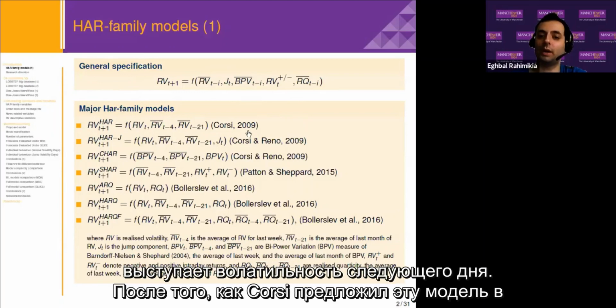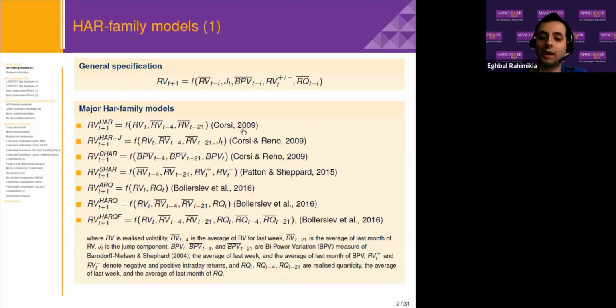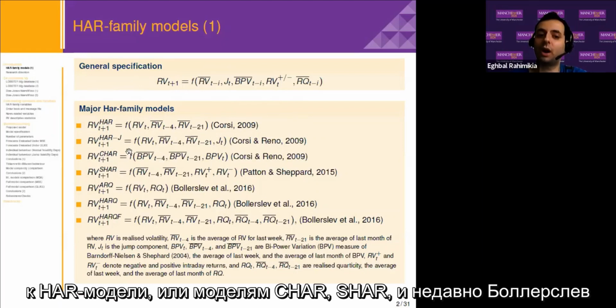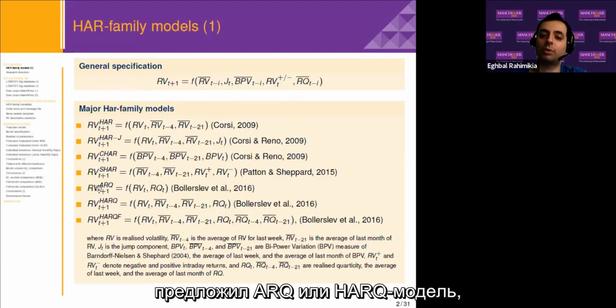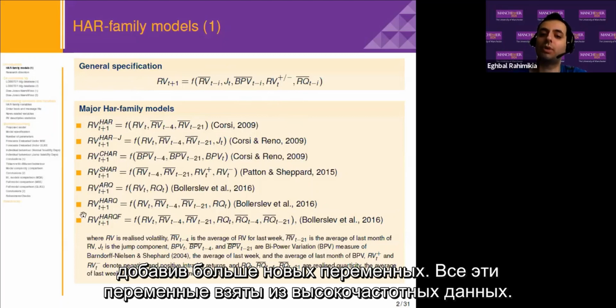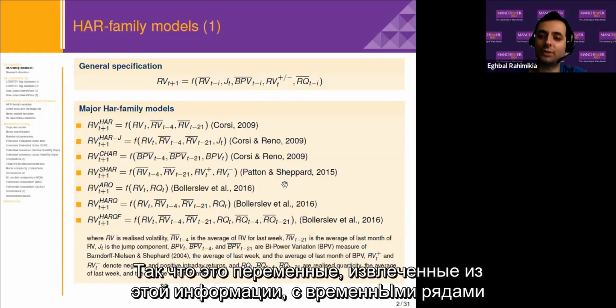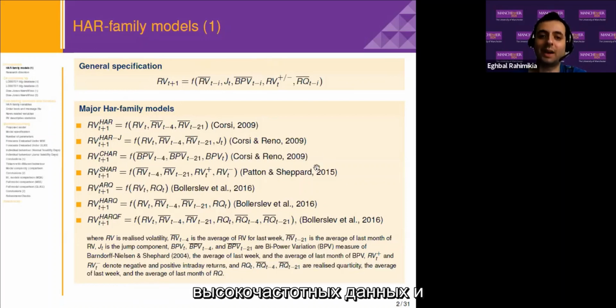After Corsi introduced this model in 2009, different researchers proposed different models, like HAR-J by adding a jump component to the HAR model, or CHAR or SHAR, and lately Bollerslev proposed the ARQ or HARQ models by adding more new variables. All these variables are coming from high frequency data, so these are still variables extracted from the time series of high frequency data.